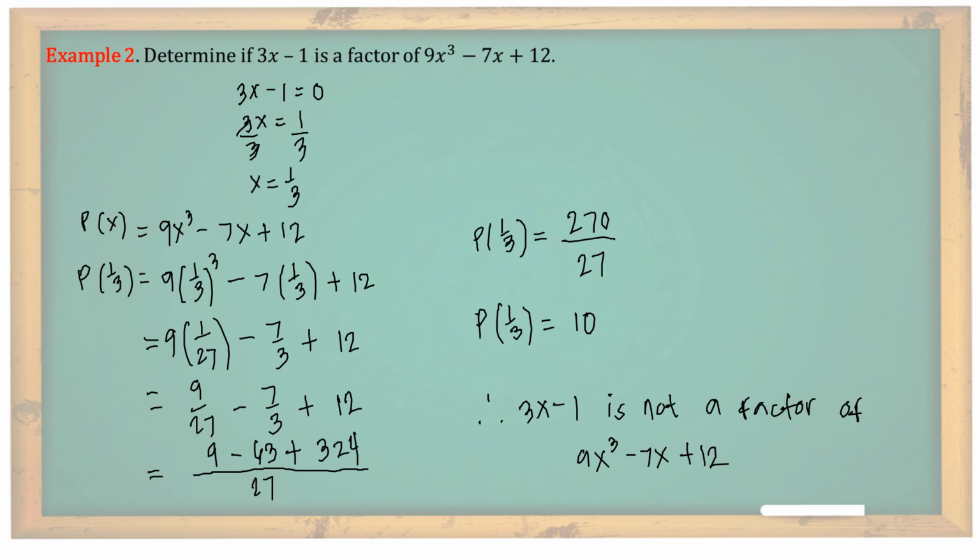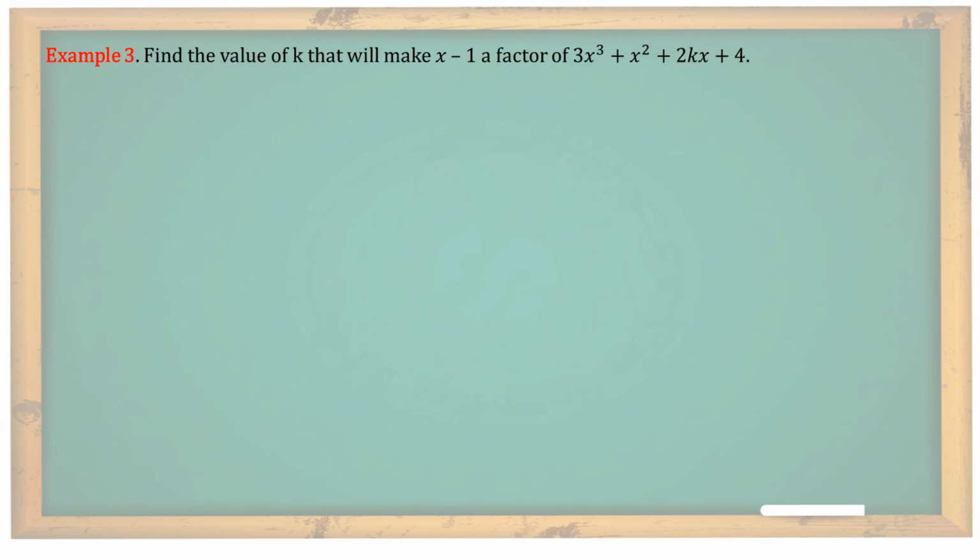Okay? Next, number 3. I hope na-gets niyo yung ating example number 2. Number 3. Find the value of k that will make x minus 1 a factor of 3x cubed plus x squared plus 2kx plus 4. Hahanapin natin dito, class, yung value ng ating k. Okay?